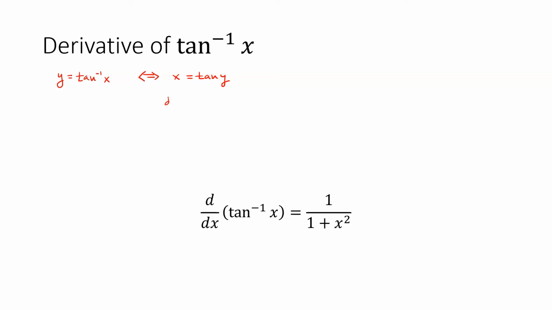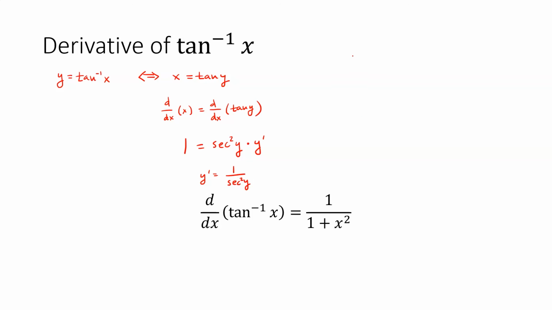And in this case, taking the derivative of both sides of this equation gives me 1 equals the derivative of tangent, which is secant squared, times y prime. And hence I get y prime equals 1 over secant squared y.